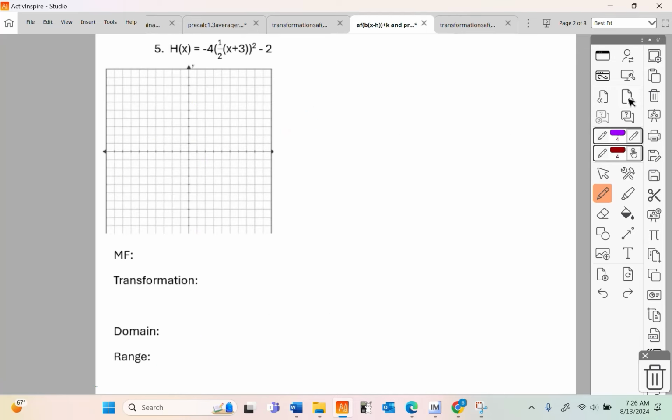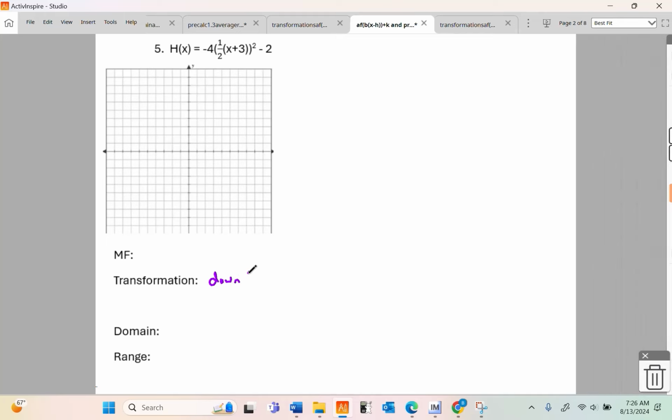So let's do some more transformations here. We have a down 2. I'm not going to really write that out. We have a left 3. We are twice as wide. If the absolute value of B is less than 1, we have a horizontal stretch. And you'll see why in just a second.